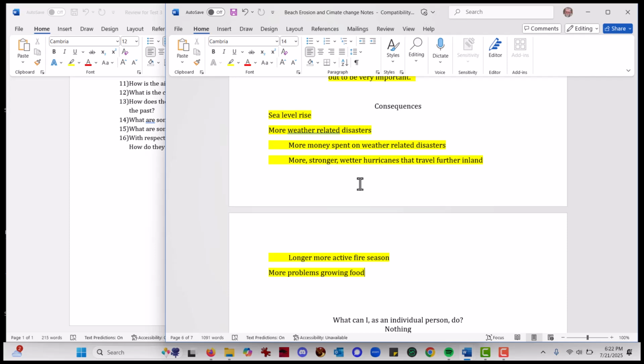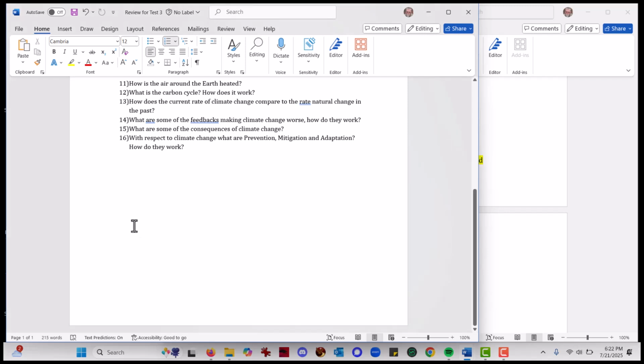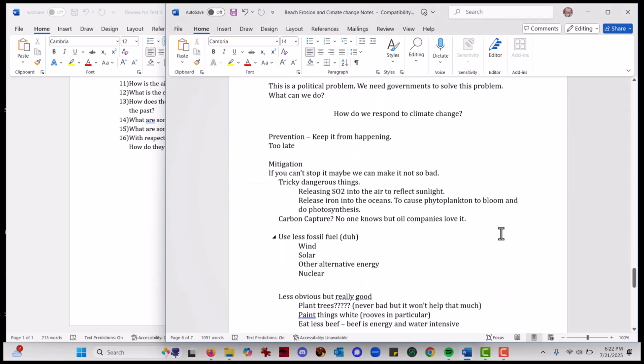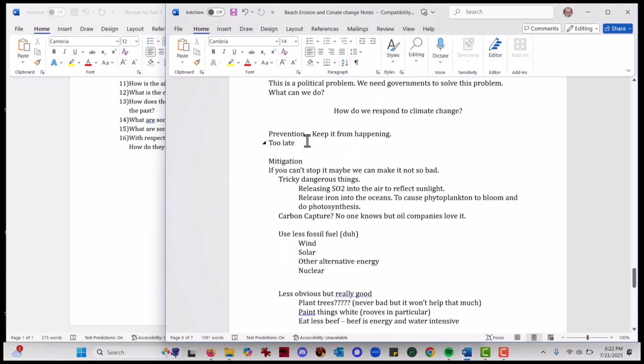That's really not good. Okay, so when we think about responding to climate change, we tend to categorize things as prevention, mitigation, and adaptation. So how do those work? And that's the last question, number 16. Okay, so here we go. Here it is right here.